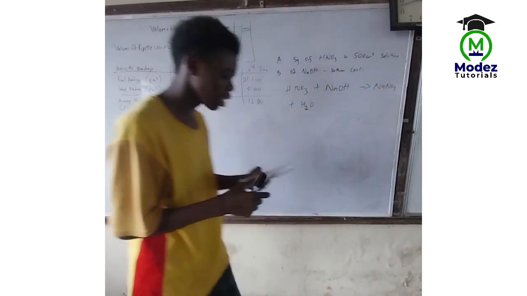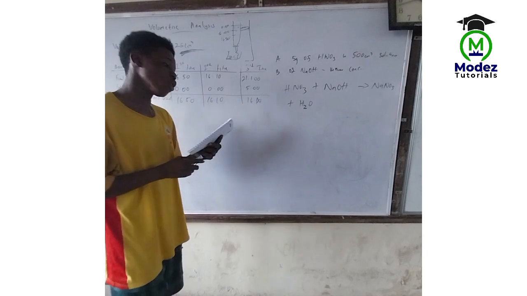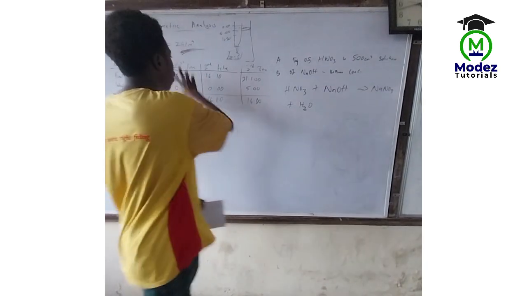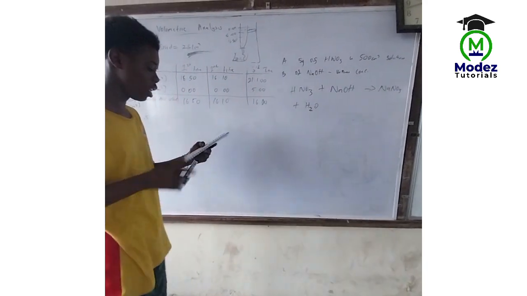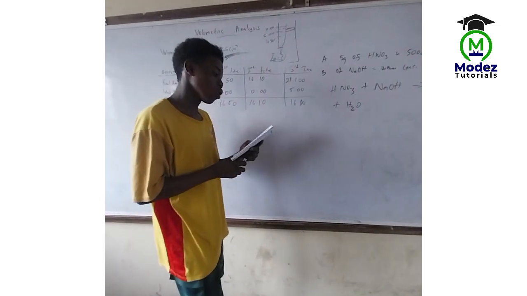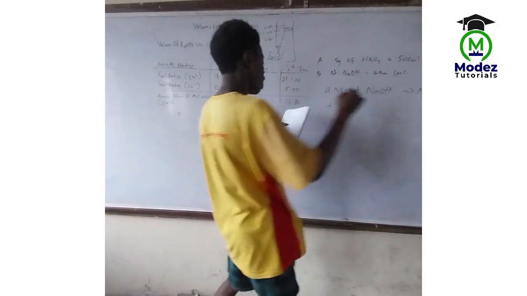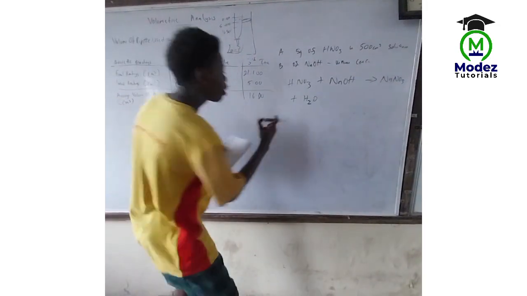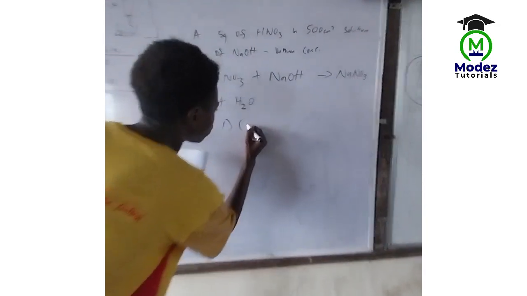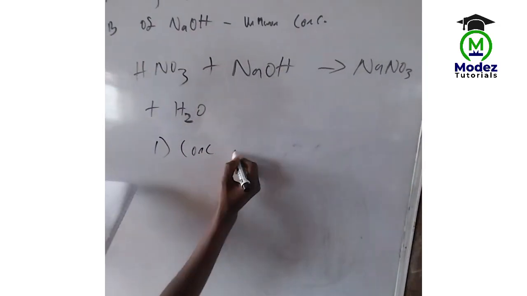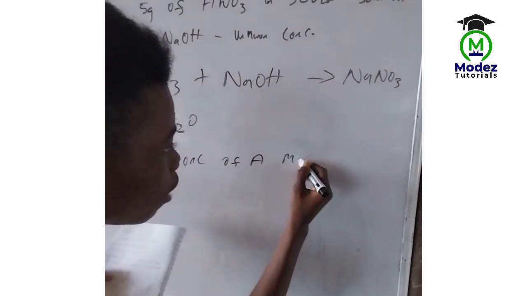Number 1, calculate the concentration of A, which is the acid, in mole per dm³. So we are looking for the concentration of A in mole per dm³.